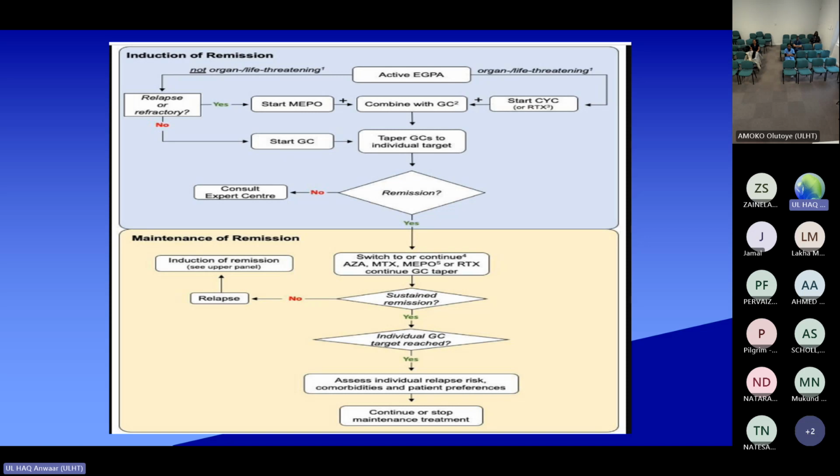If the patient relapses or is refractory to treatment, we have to go back and restart the cycle. If the patient does not sustain remission and keeps going back, then we need to refer to higher centers. These are the very basic things that we normally do in our wards.